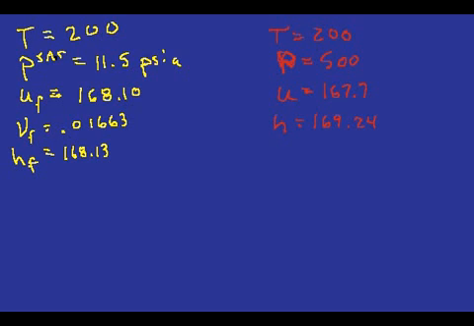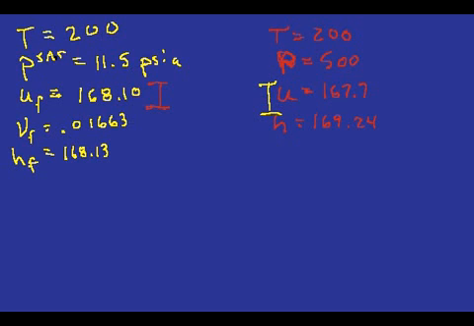Okay, what I have here is the data for water for a temperature of 200 degrees. The yellow is taken from the saturated tables, and the orange is taken from the compressed liquid tables at a pressure of 500. You'll notice that the U of the water, the internal energy, is 168.1 here in the saturated case, and in the compressed liquid case we have U equal to 167.7, so there's not a lot of difference.